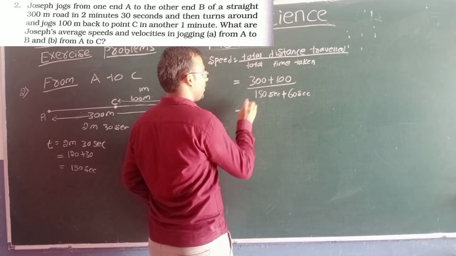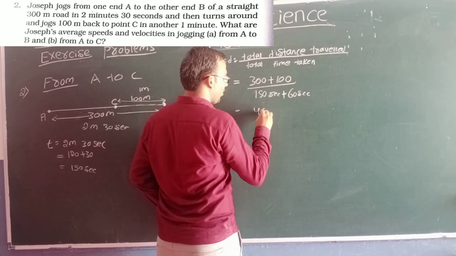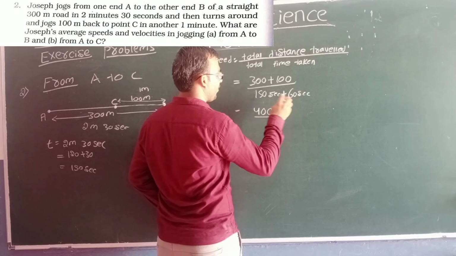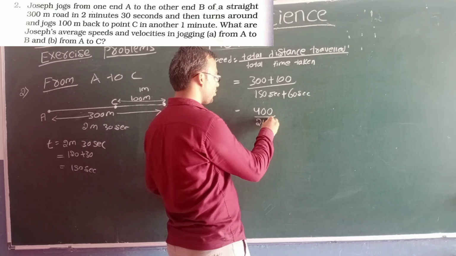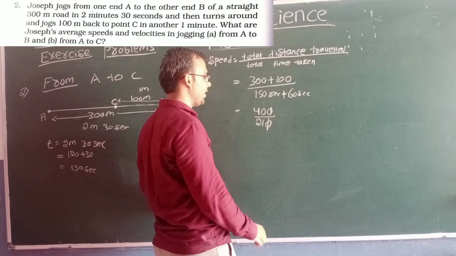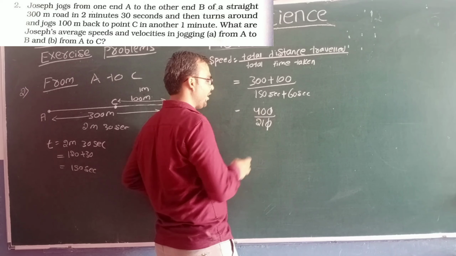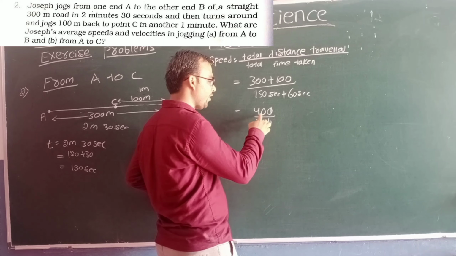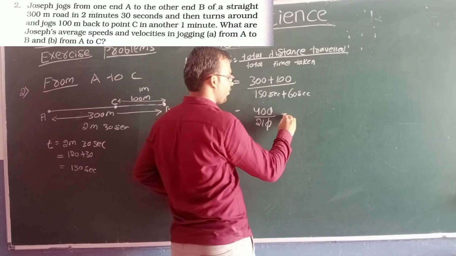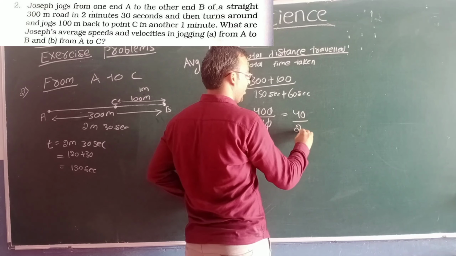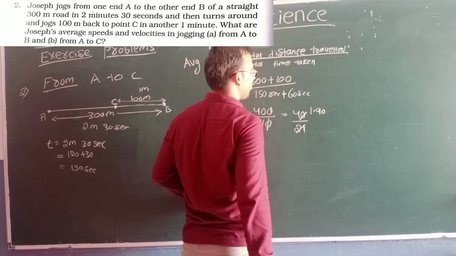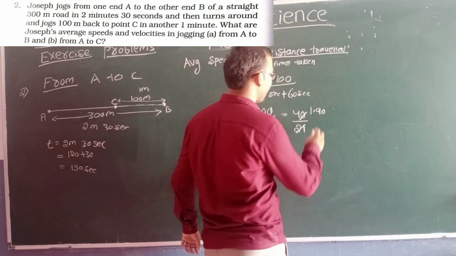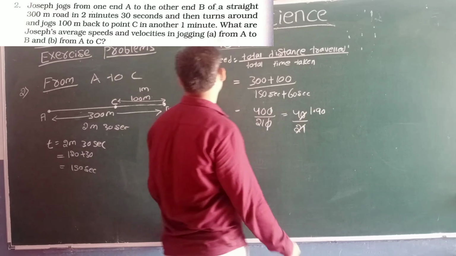So here 300 plus 100 is 400 and 150 plus 60 is 210. So 0 cancel, and you are getting 40 by 21. When you divide 40 by 21, you are getting 1.90.